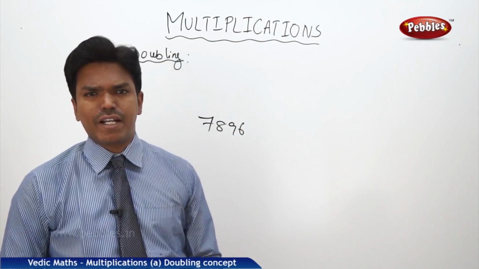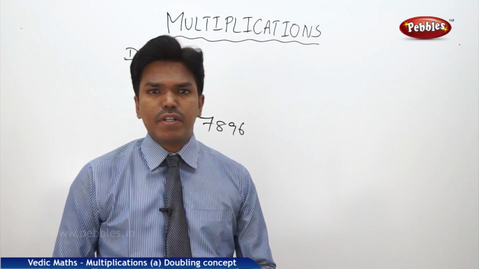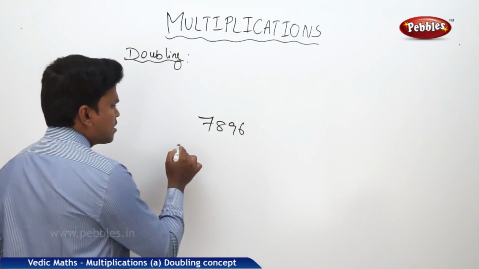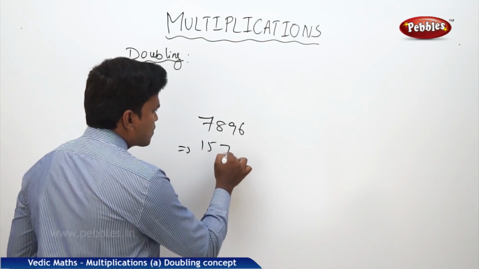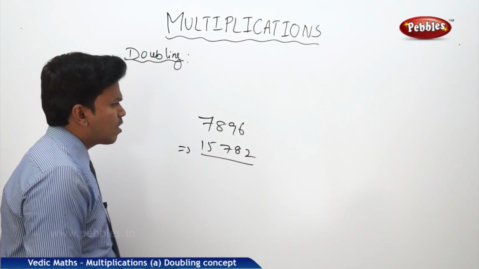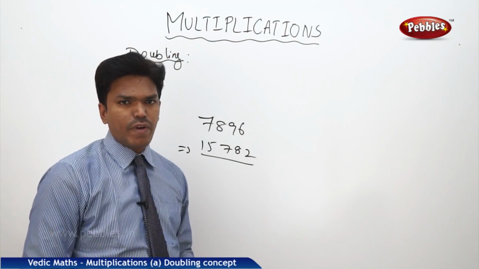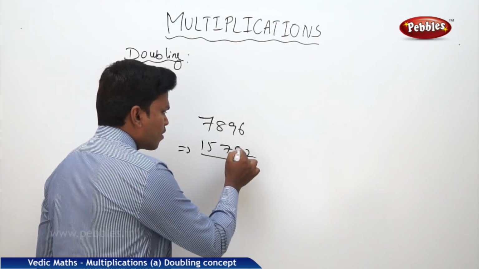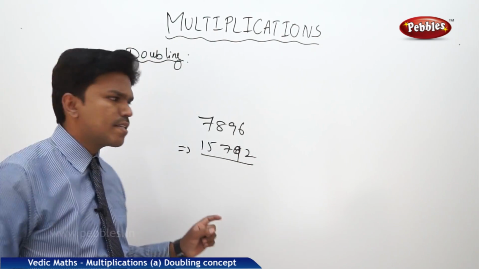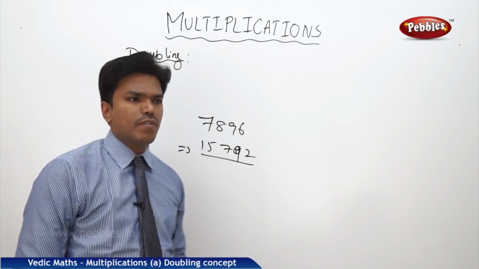I know you cannot say immediately, but in our Vedic maths it can be written very fast. The double of 7, 8, 9, 6 is 1, 5, 7, 9, 2. So within a few seconds we are able to tell the double of the number.